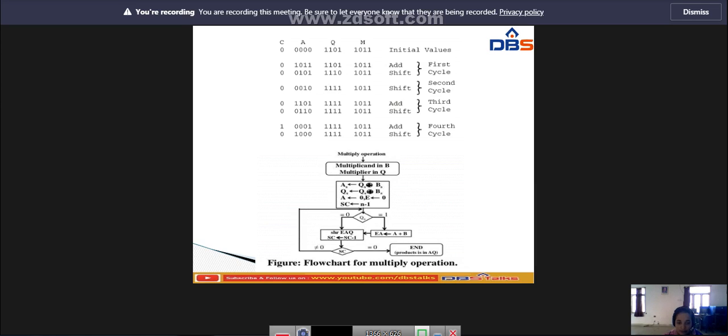If it equals 0, the product in AQ is finished. If Qs is equal to 1, EA gets A plus B; that operation is performed, the result is shifted into the EQA register, and the sequence counter is decremented, SC minus 1. This is another condition I have discussed. This is called the flow chart for multiply operations.